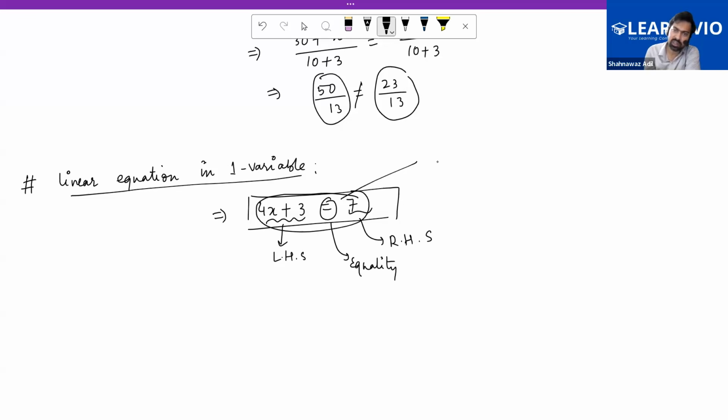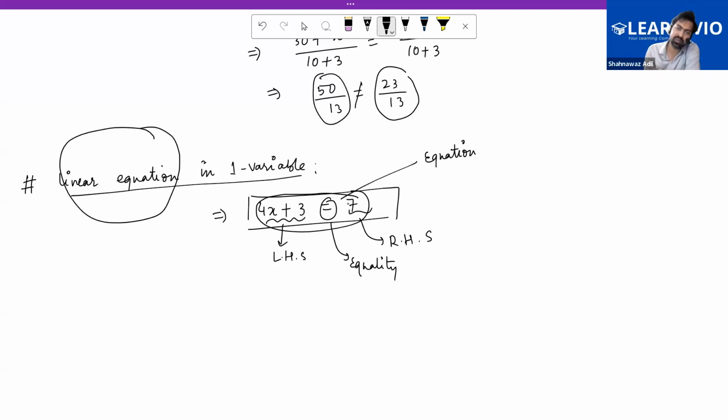This is called an equation. Now, why is this called a linear equation? Because it will contain a variable and some numbers.